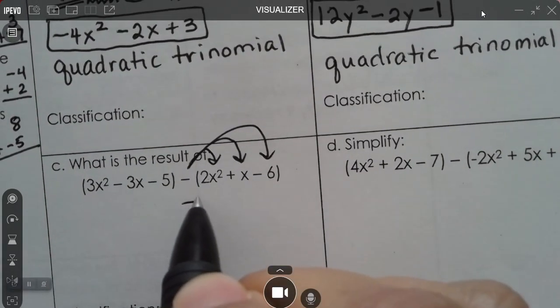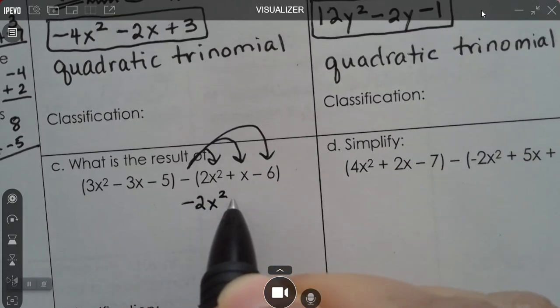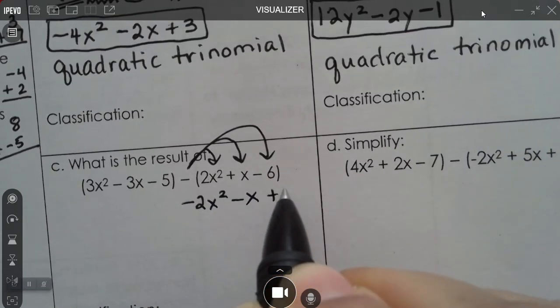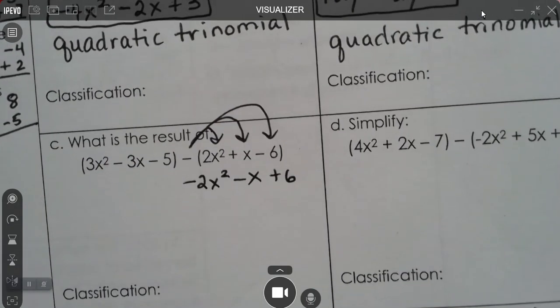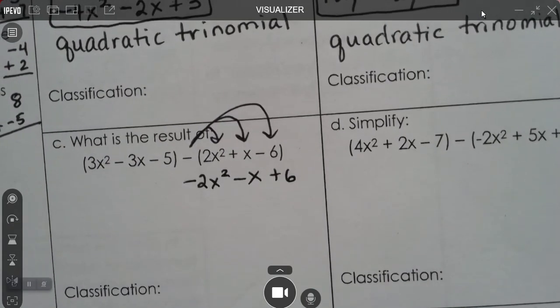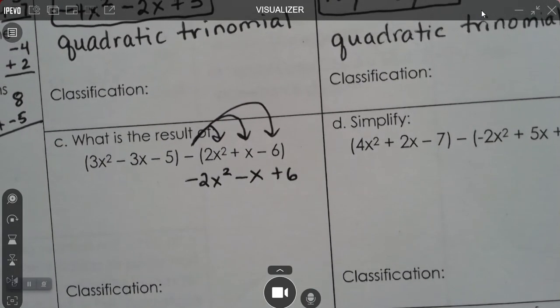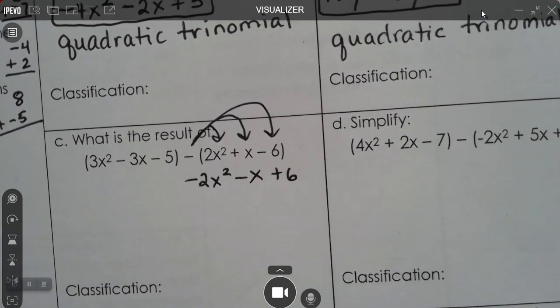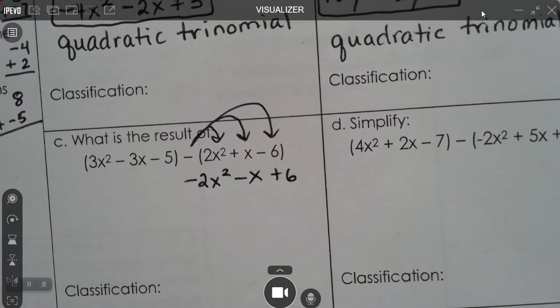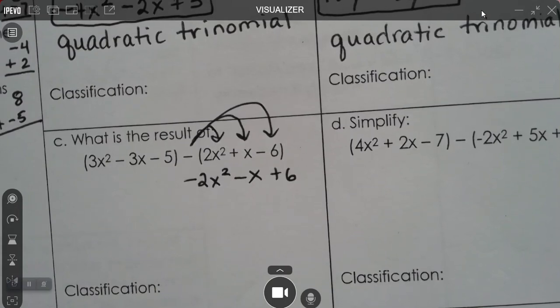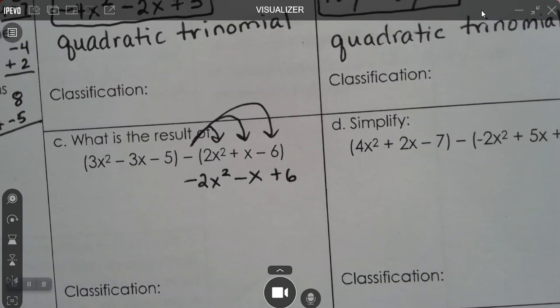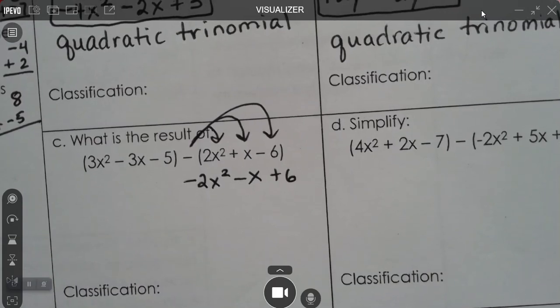So this is going to become negative 2x squared minus x and plus 6. The negative sign gets distributed. Everybody inside the parentheses changes signs. Any questions on that? This is what we do every time we have a negative sign and parentheses.